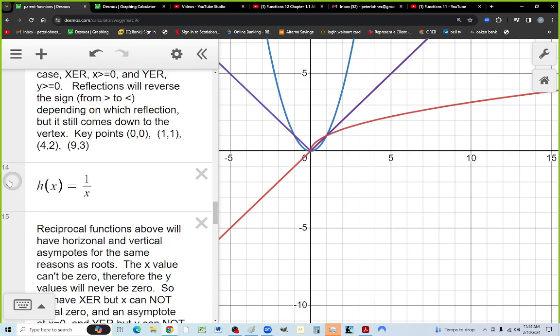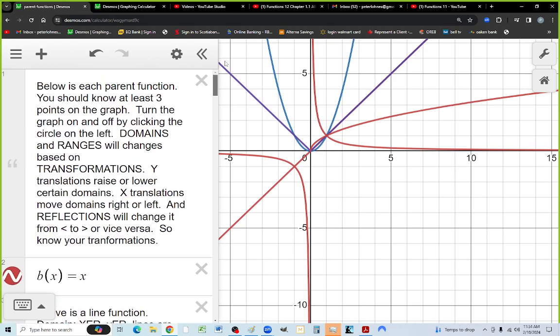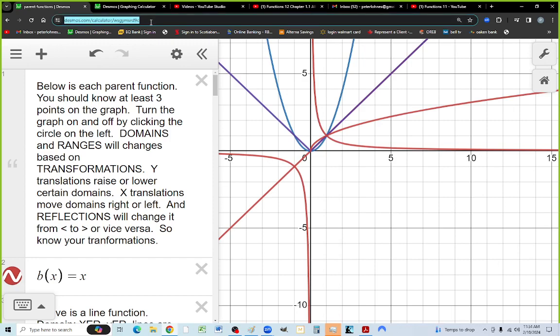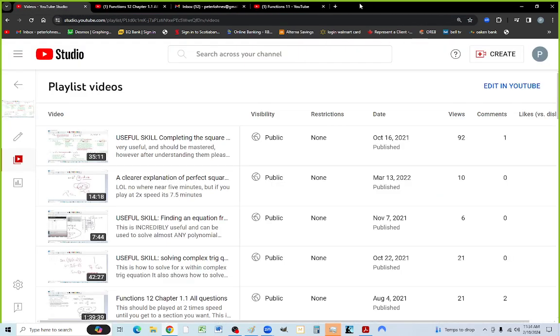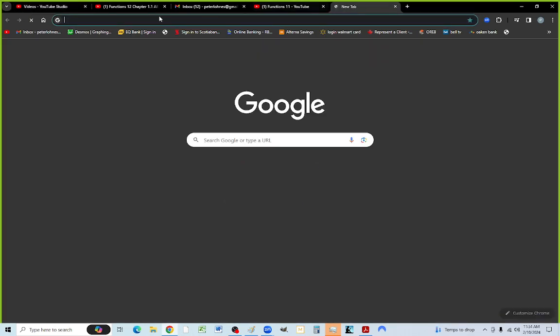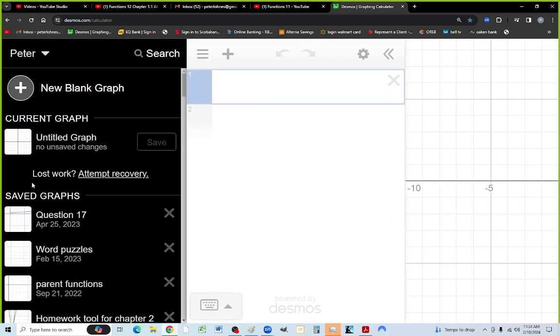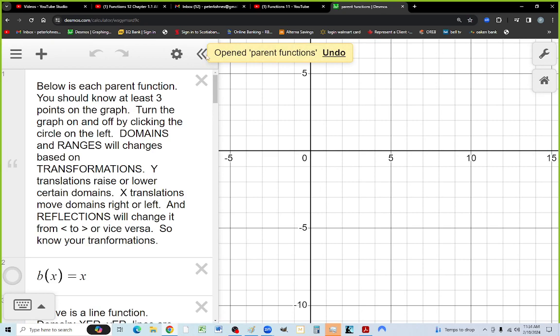Ooh, it's looking messy. Those notes look really good. Pete, can you send those to me? As a matter of fact, I'm going to send it to you right now. For some reason, Desmos is not showing me my little top thing, and I want to be able to show you.